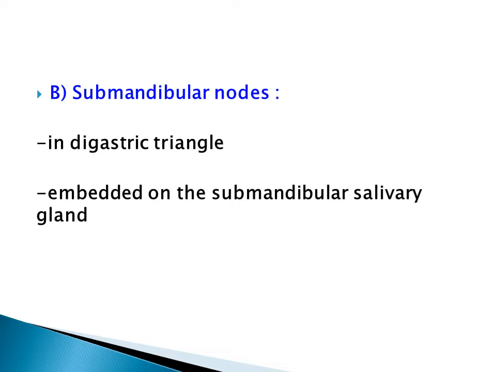We know that the facial artery is there towards the posterior part of the submandibular gland, and one of the lymph nodes will be seen in front and the other behind the facial artery, whereas the third will be seen towards the anterior end of the submandibular gland. So there will usually be 3 submandibular lymph nodes, one at the anterior end of the gland and the other two, one in front and one behind the facial artery.